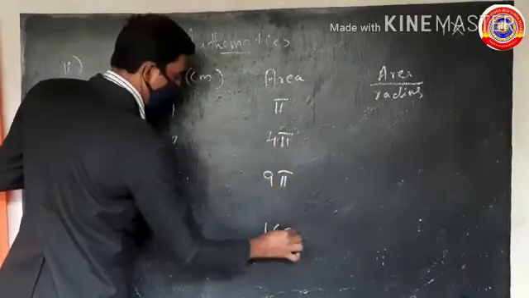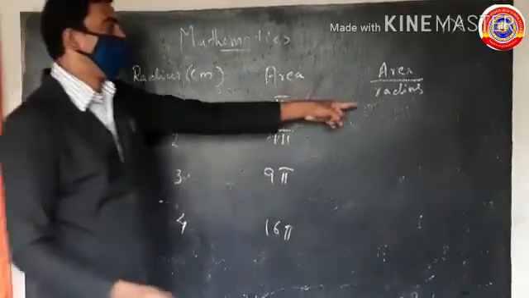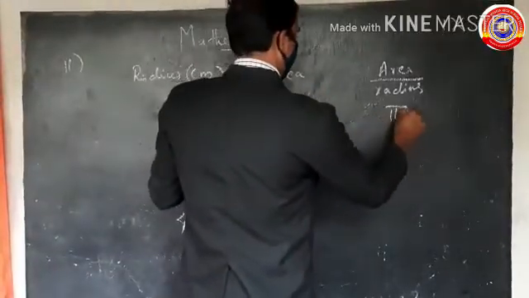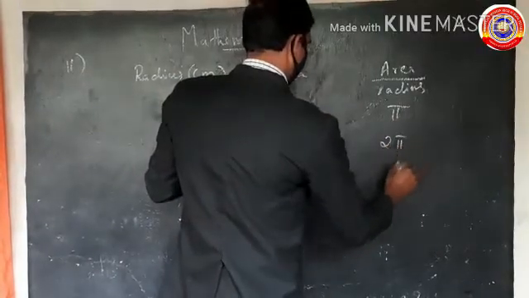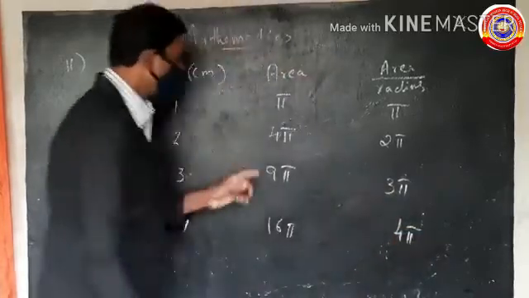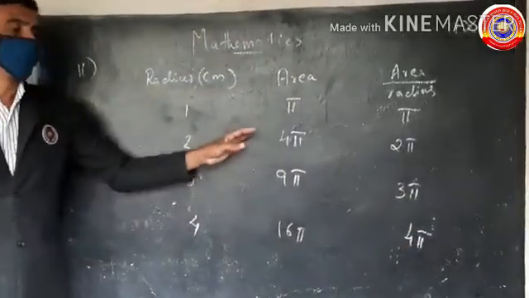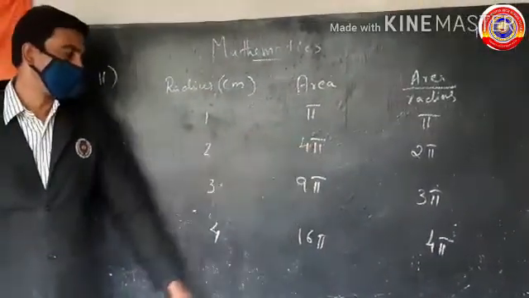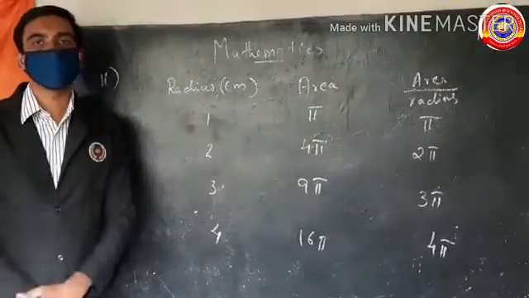Therefore, area by radius is pi, 2 pi, 3 pi and 4 pi. Here, area is not proportional to the radius. Therefore, there is no constant of proportionality.